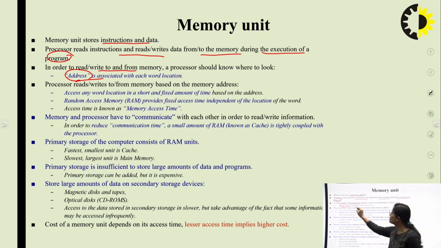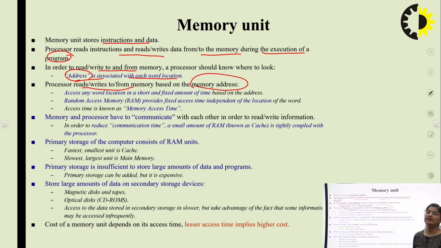So an address is associated with each word location. You have to reach that address first, then read the data from it or write the data on it. As I said, address plays the major role. Without an address, you will not be able to execute your task.